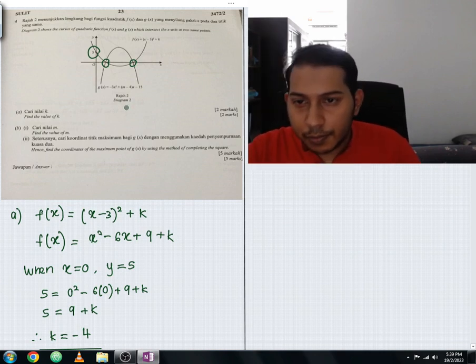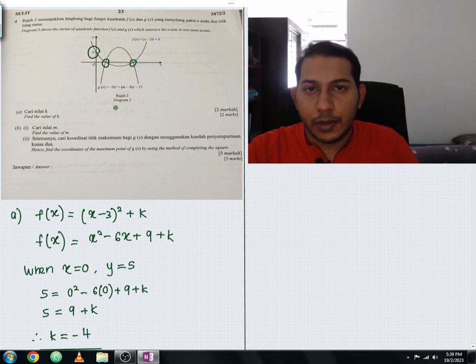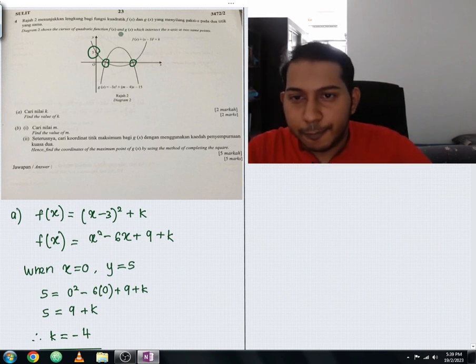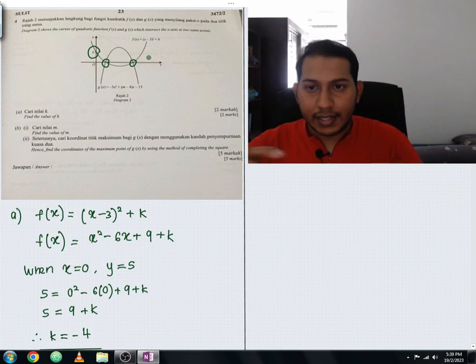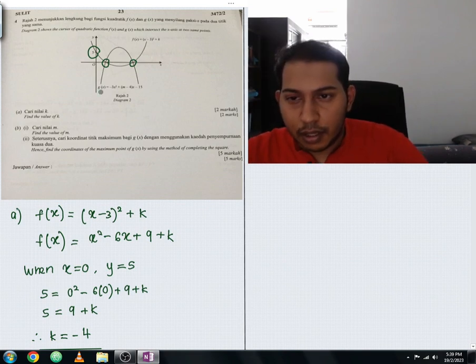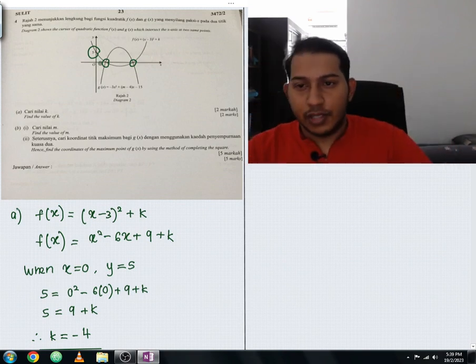So how we're going to solve this question is, the first step is we're going to find the x-intercepts for f(x). Because f(x) and g(x) technically have the same x-intercepts, since they are intersecting at the same two points.